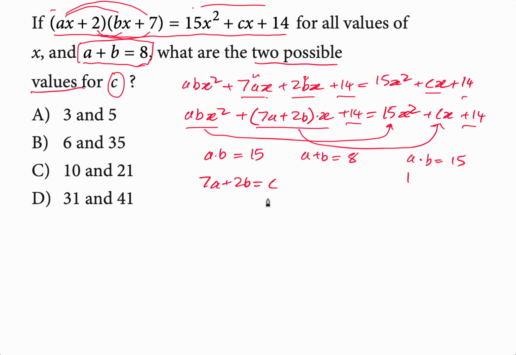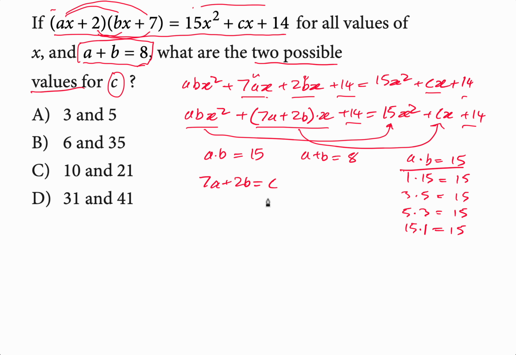You have 1 times 15, 3 times 5, 5 times 3, and 15 times 1. So these are the four choices for a and b. A could be 1, 3, 5, or 15, and b could be 15, 5, 3, and 1.